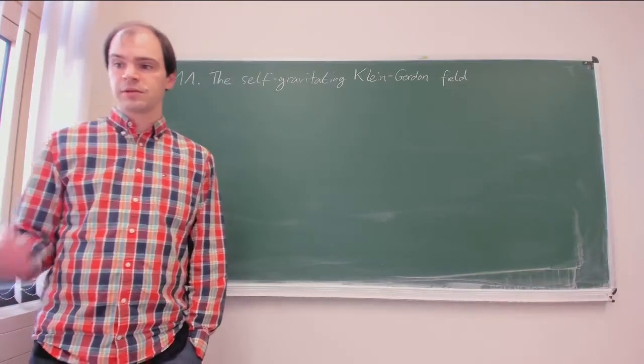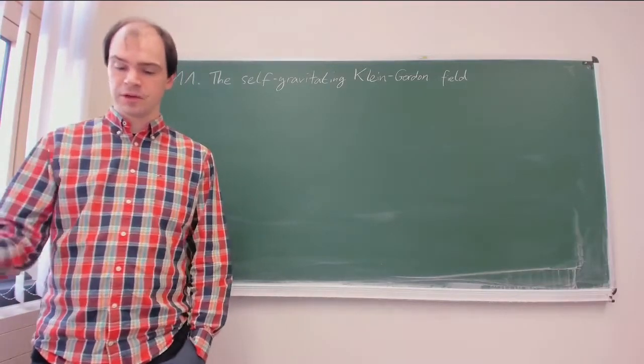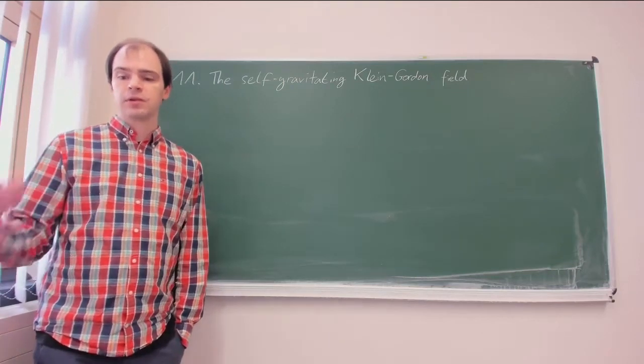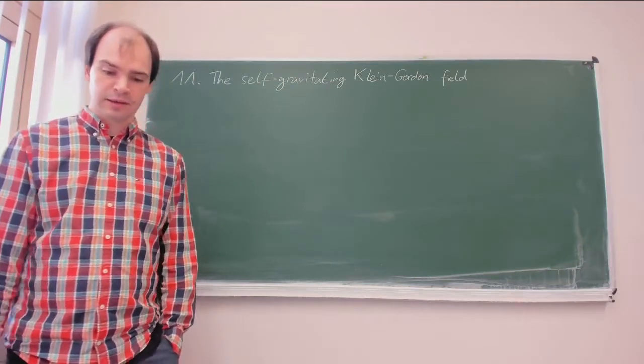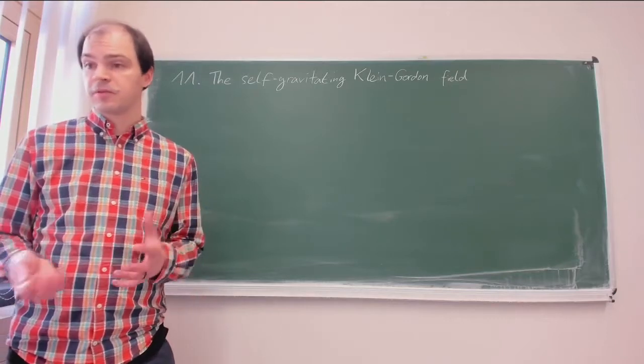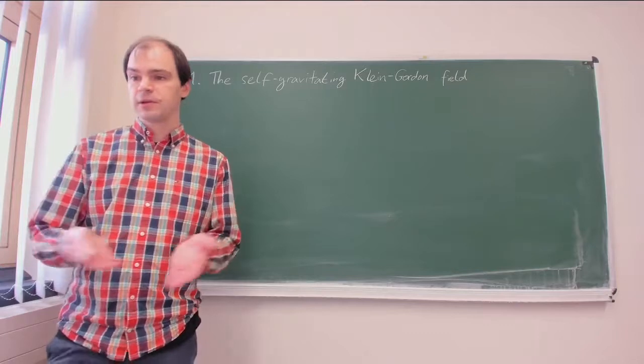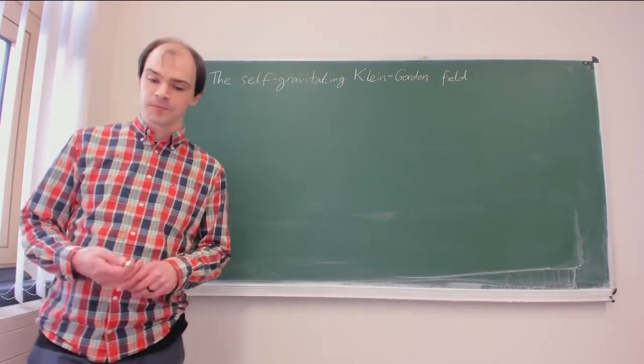What is the non-relativistic Schrödinger equation with a gravitational potential that follows from that? And what are the relativistic corrections to this? So this was the previous lecture, the question: how does quantum matter behave in a given external spacetime?